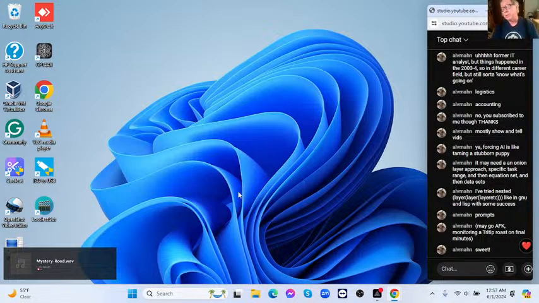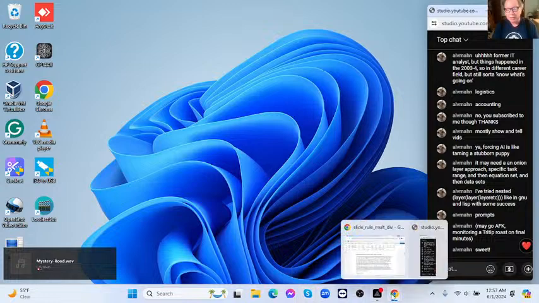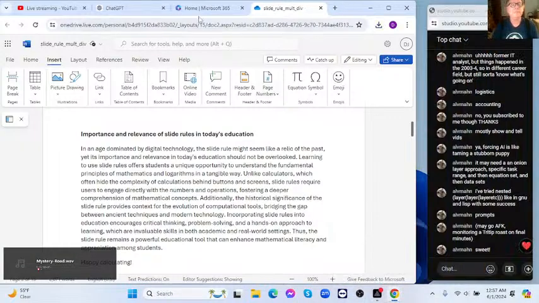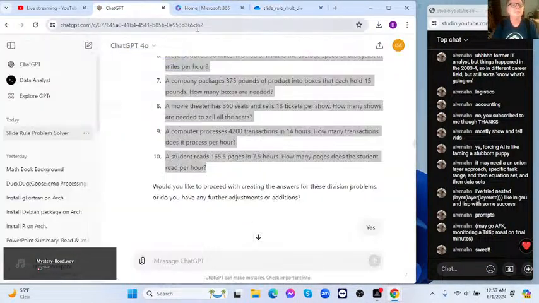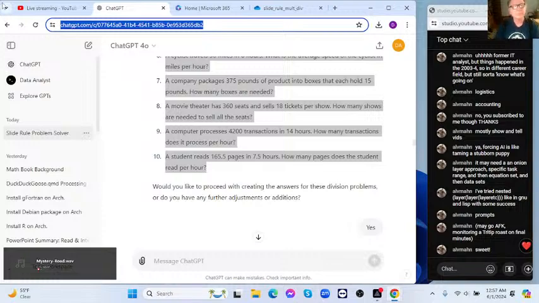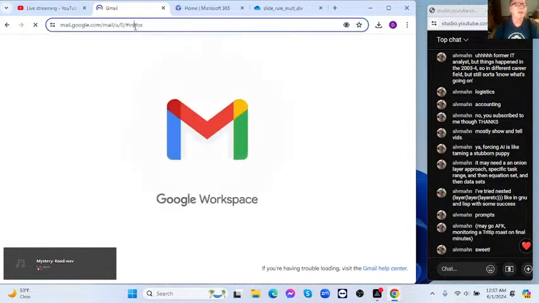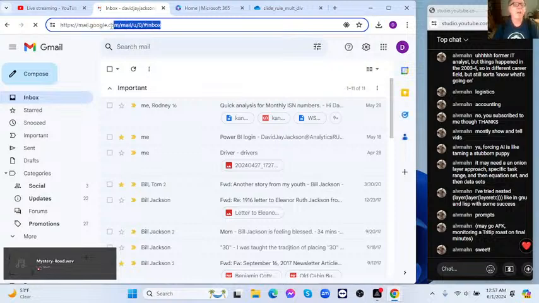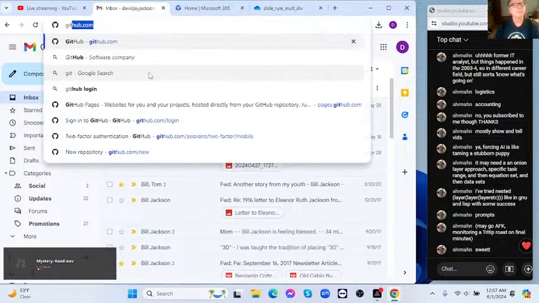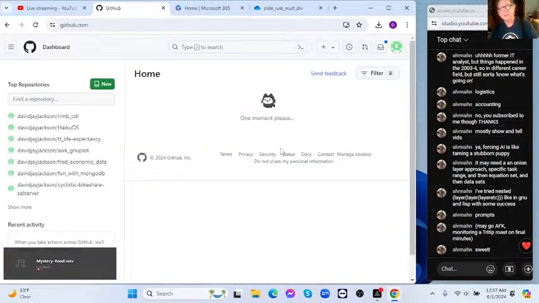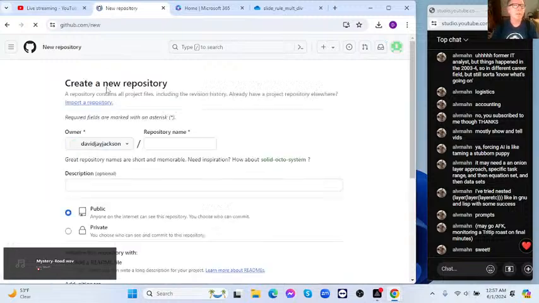I may actually put this PDF, I will put this PDF up on... matter of fact, let's do it right now. Let's create a... I'll create a working repository for this here, okay?